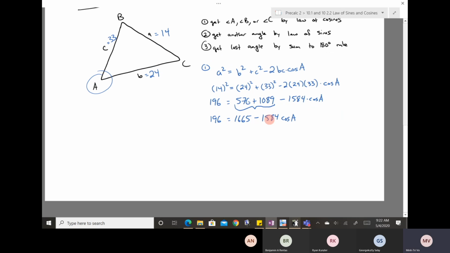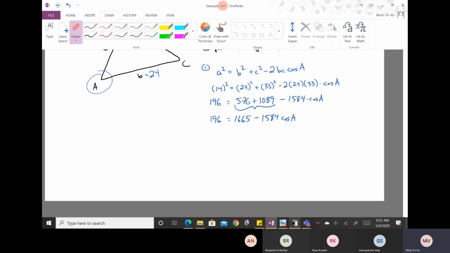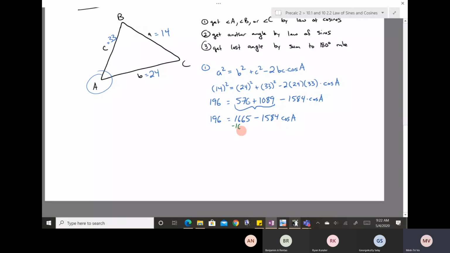You should think of 1584 as a coefficient. So I need to subtract the 1665 over, minus 1665.